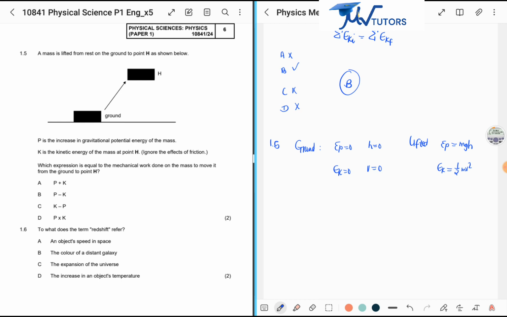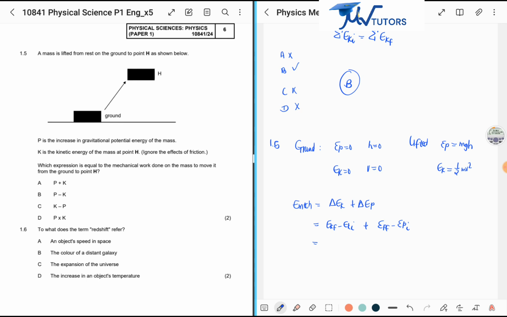So now it says, which expression is equal to the mechanical work done on the mass to move it from the ground to point H? So we know that mechanical energy, E mech, is equal to the change in kinetic energy plus the change in potential energy. That is kinetic energy final minus initial plus potential energy final minus potential energy initial. So we know that initial is 0.